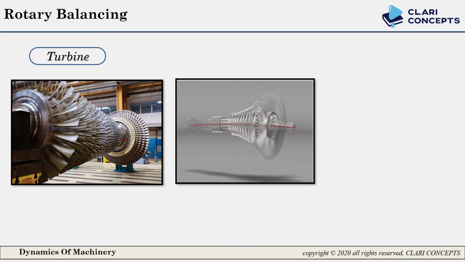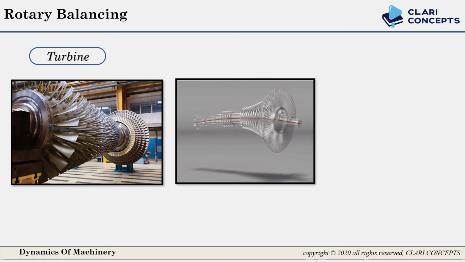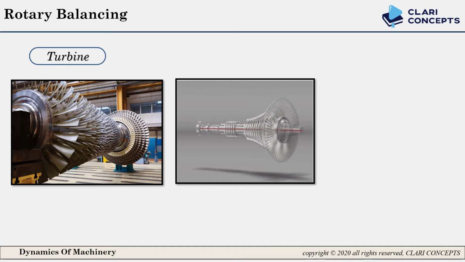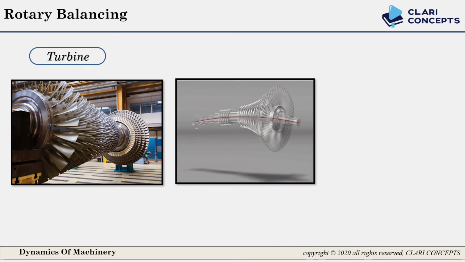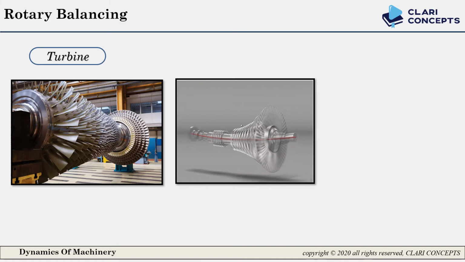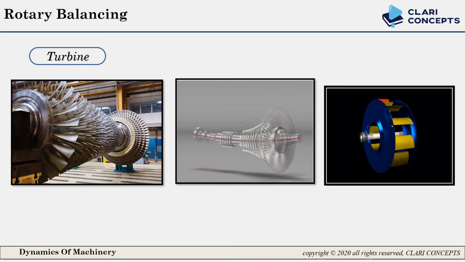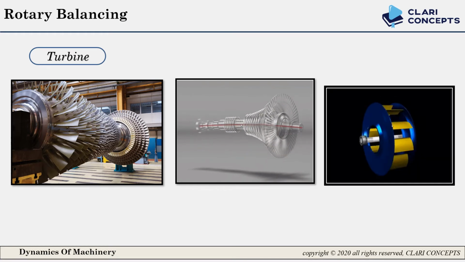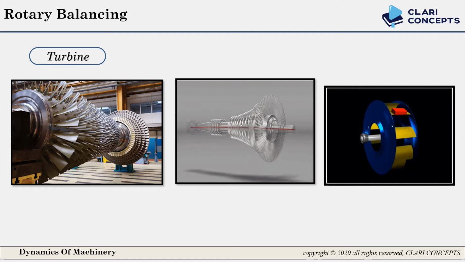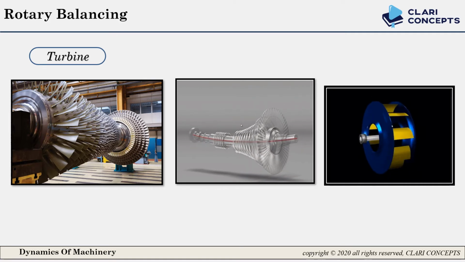To remove this unbalanced force, we add some extra mass on the bent blade of the turbine. If your turbine blade breaks, then we have to change it. Here you can see that yellow color shows the blades of the turbine in which some blades are bent. To remove the effect of that, we will add some extra mass in the form of a red metal block to make the turbine perfectly balanced.